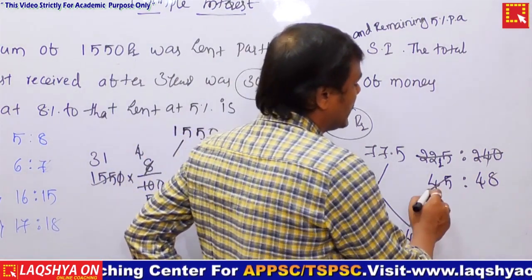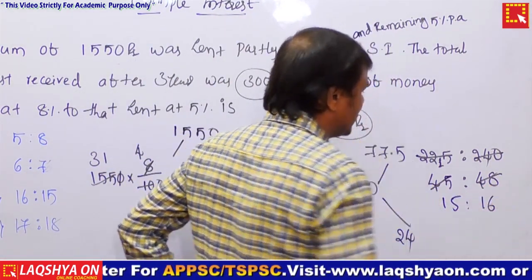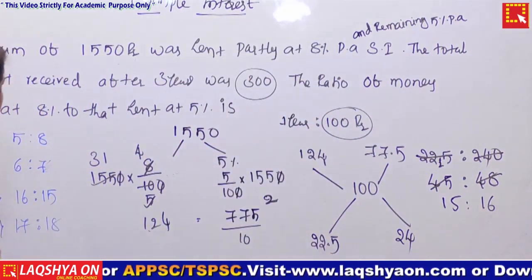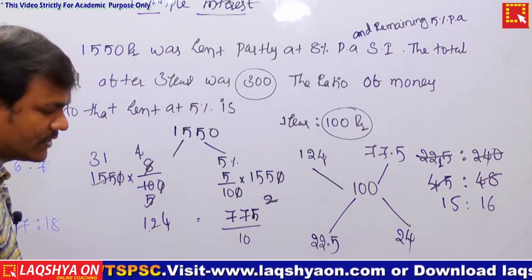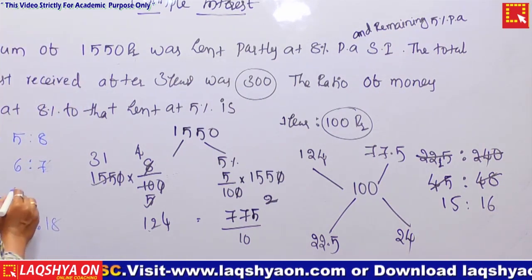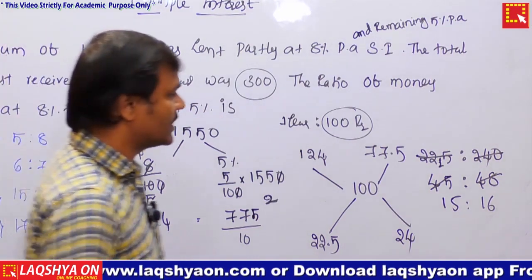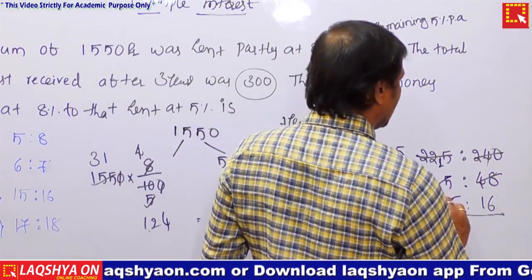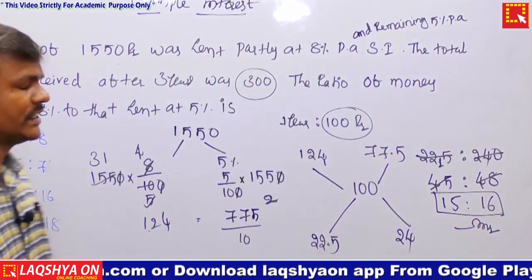It is divisible by 3. 3 15s are 45 and 3 16s are 48. So 15 is to 16. That is not 16 is to 15; the option is 15 is to 16. So what is the answer? 15 is to 16. This is the answer. Simple.